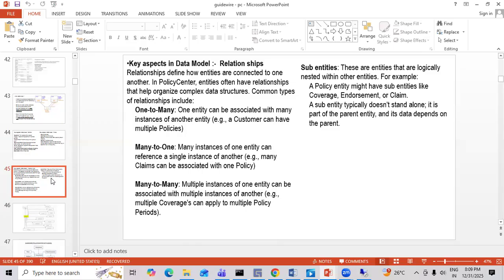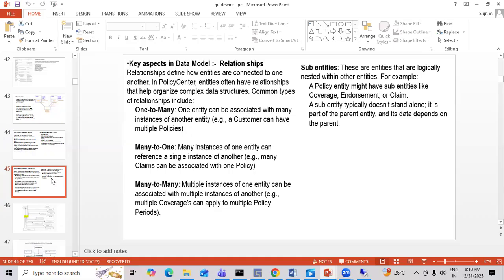For example, one to many. A person holding an application can have multiple policies. When we did the Policy Center UI, we created an account, a person account, for example, or it can be a business account.